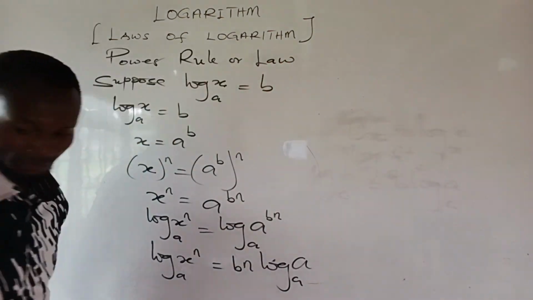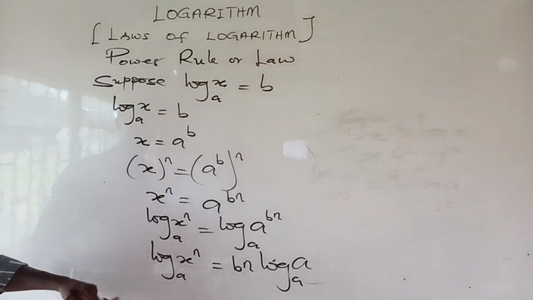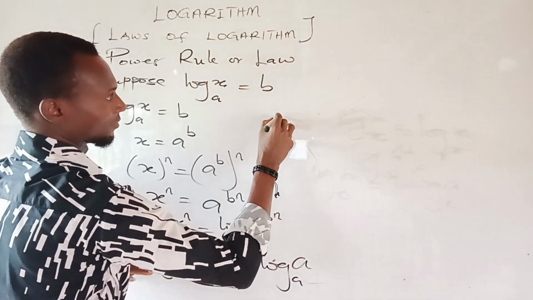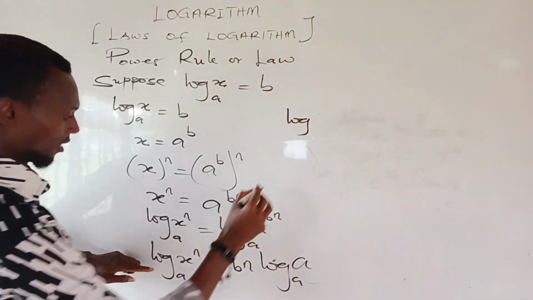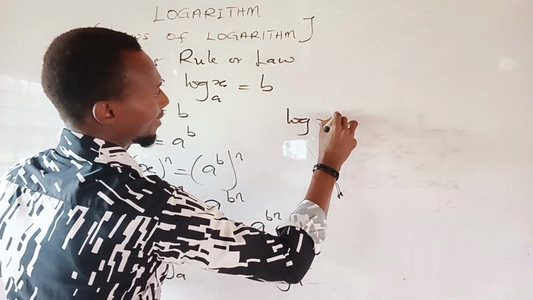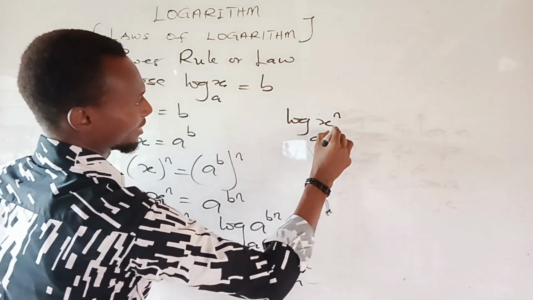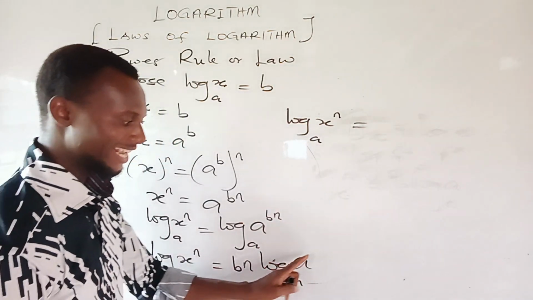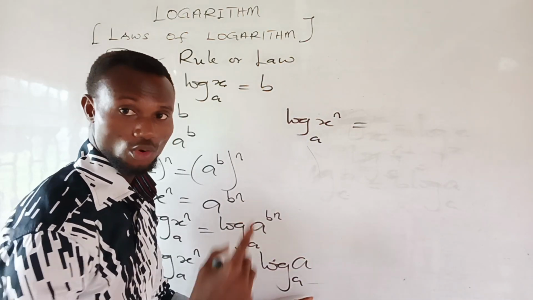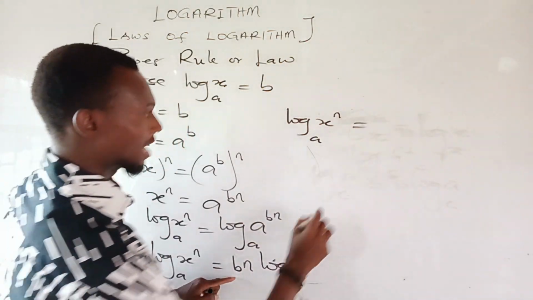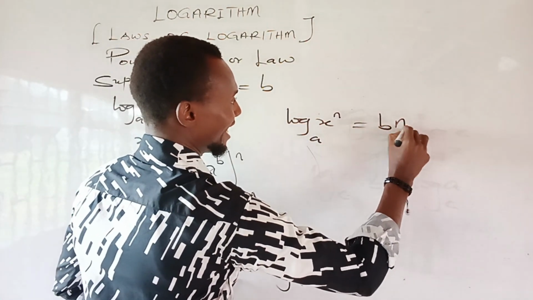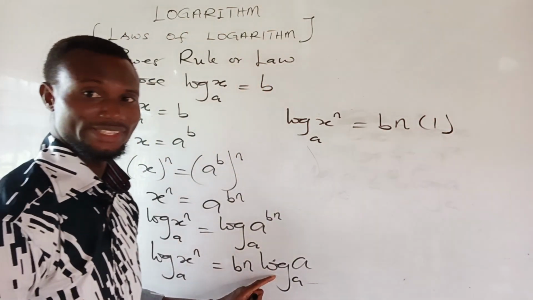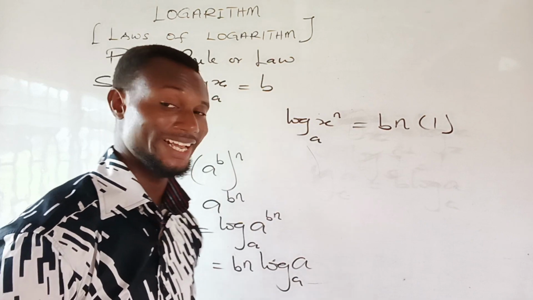Okay, so now I'm going to repeat what is here. So I have log s to the power n to the base a should be equal to, now don't forget, the log a to the base a will be equal to 1. So I'll have bn multiplying 1, because as we said, log a to the base a equals 1.